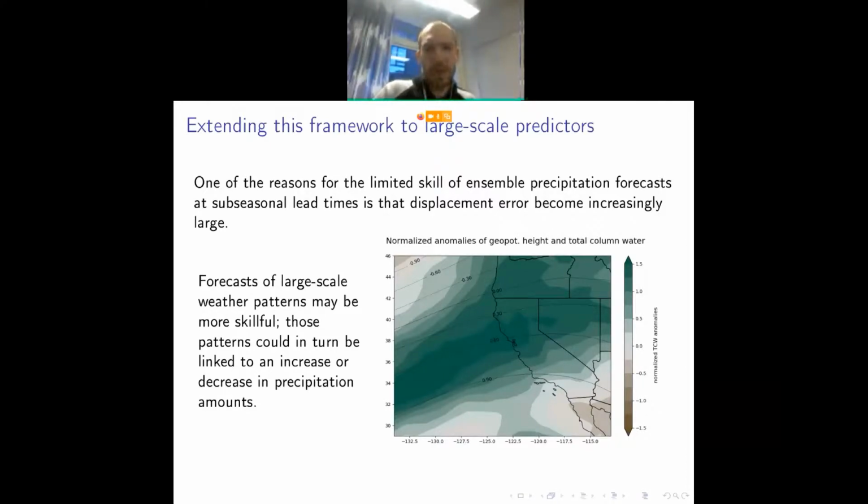And this is what is illustrated here, where as examples for large-scale predictors that we think are related to precipitation, we took total column water and geopotential height anomalies, which we feel inform the atmospheric flow and the available moisture, and we try to relate that to precipitation.